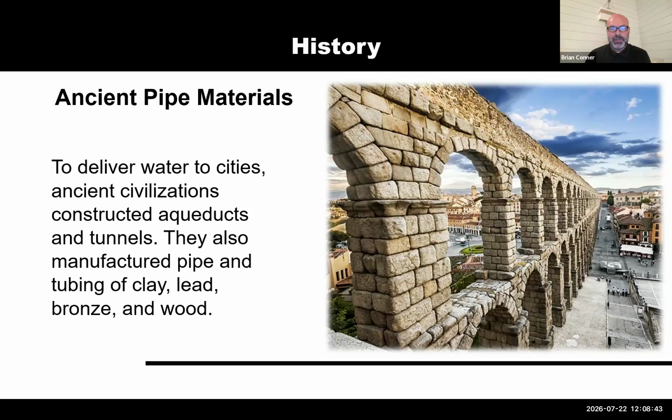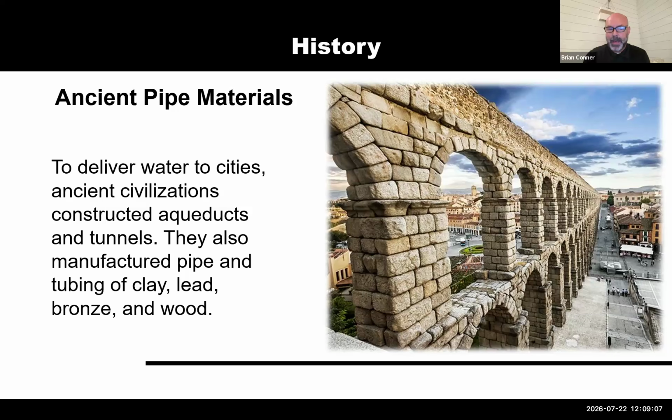And you see pictures like this one of the aqueducts that the Romans actually constructed, and you think, oh, those guys were ahead of their time. And while they were not the first, there were other civilizations thousands of years before the Romans came to power that were doing things similar to what we're doing today.